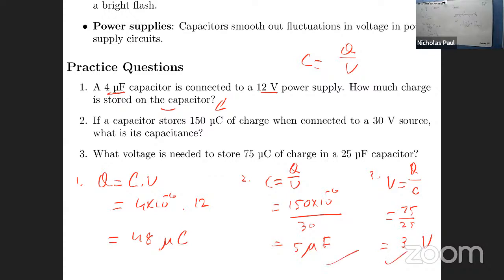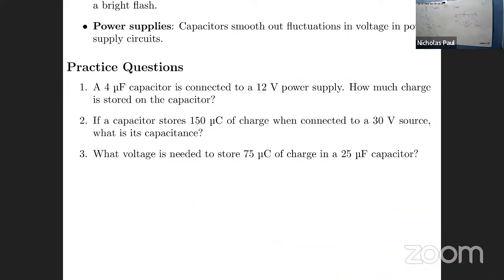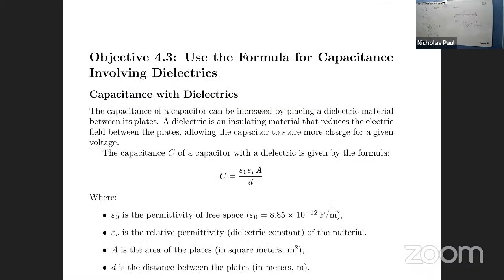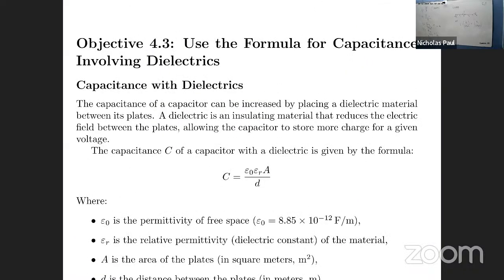Right. So next, taking a look at how to find capacitance again, but we're looking at the things that make up the capacitor. So we're going to find capacitance using the quantities that make it up. Problem is I couldn't really draw it. So watch this here. A capacitor, real simple, right?